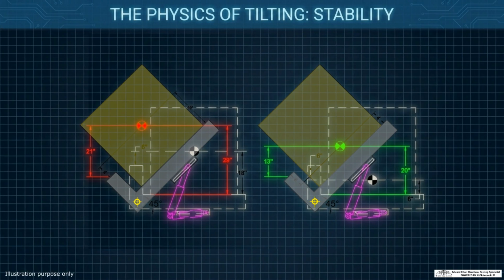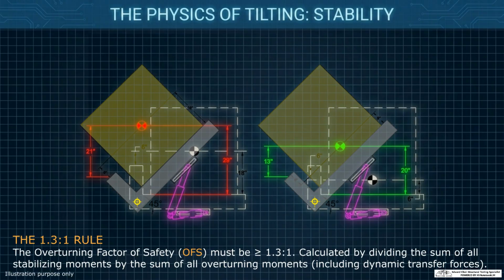This is where engineering gets critical, and where a lot of field problems originate. Stability on a tilter is governed by something called the overturning factor of safety, the OFS. ANSI MH29.2 requires an OFS of at least 1.3 to 1.